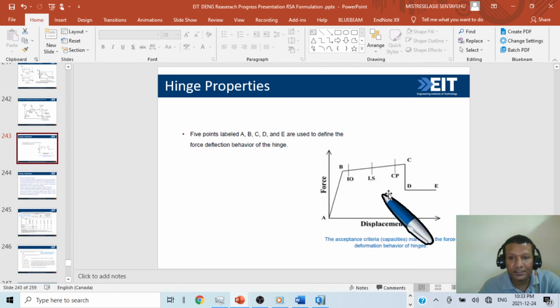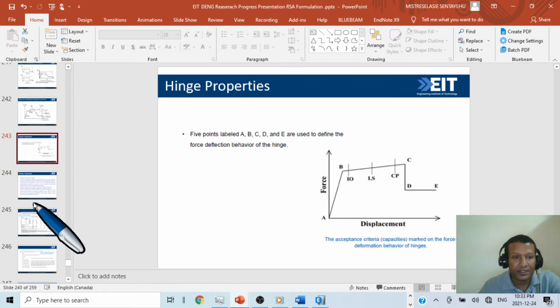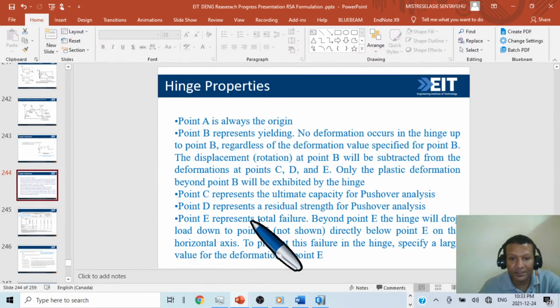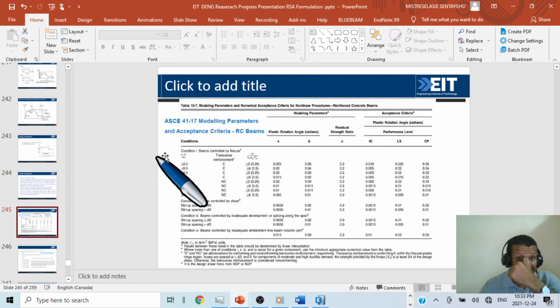Point D represents the residual strength for pushover analysis. Point E is total failure. Beyond E, the hinge will drop load down to point F. It is not shown, but it will drop down to F. So it will go like that.